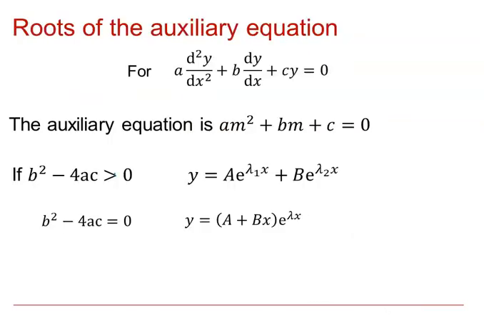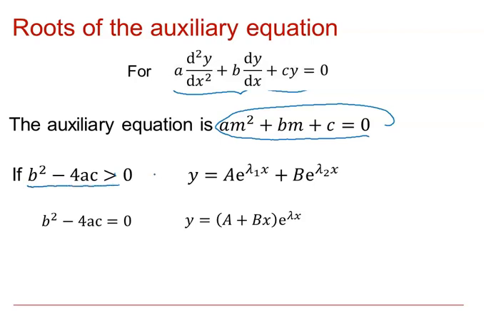Just recapping what we've seen in previous videos, if we look at a second order linear homogeneous equation, so we've got 0 on the right hand side, we know that this will always generate an auxiliary equation of the form am squared plus bm plus c equals 0, and we've previously seen that if this auxiliary equation has a positive discriminant, then we'll have y equals a e to the lambda 1 x plus b e to the lambda 2 x.